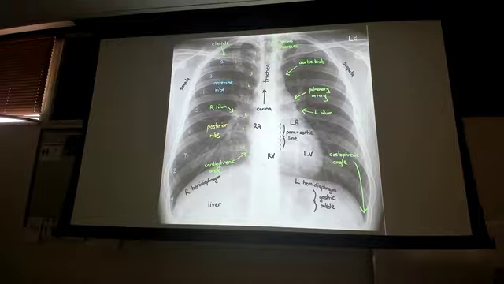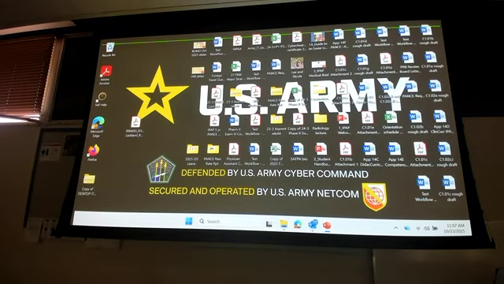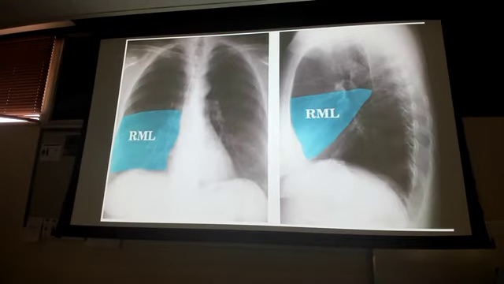Or if you're trying to distinguish it with a PA and a lateral chest X-ray, then it's about understanding the area that we're at. So you have to use your PA and your lateral in combination to figure out what area we are talking about.